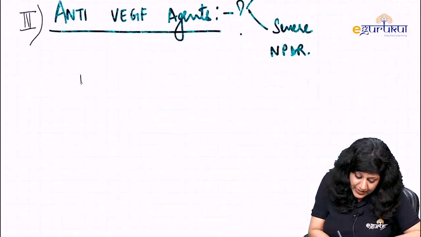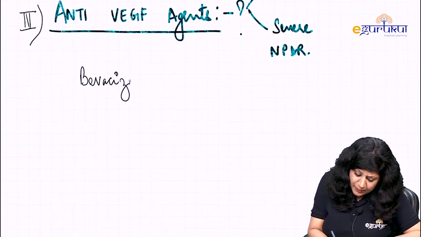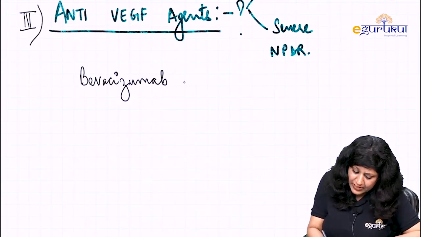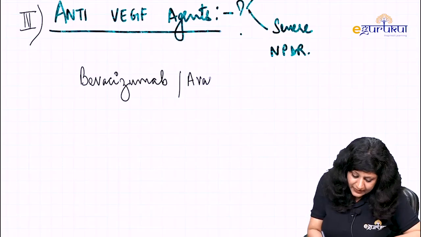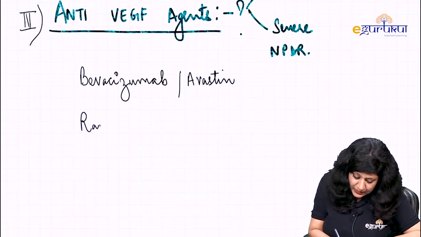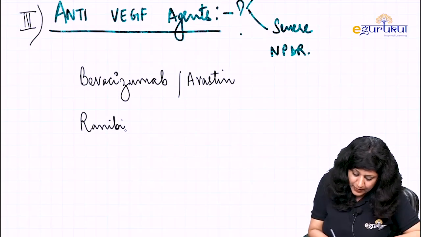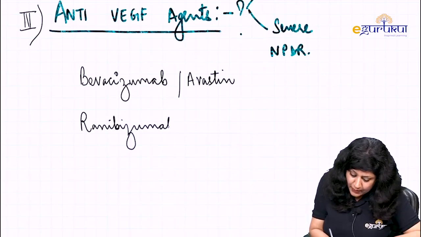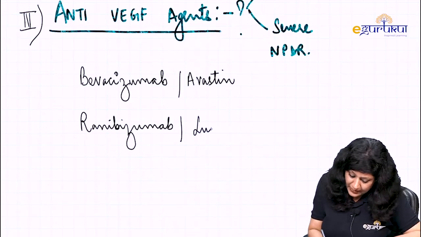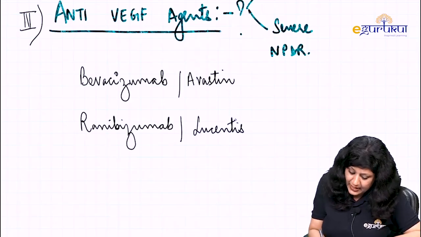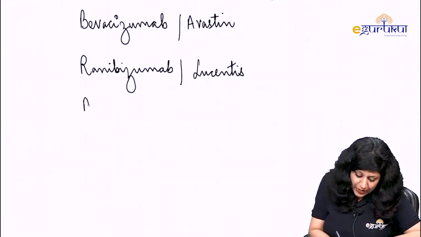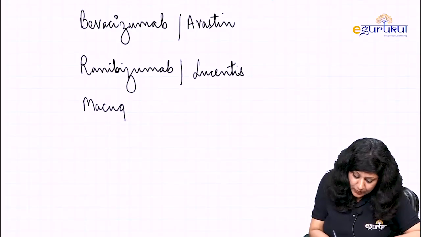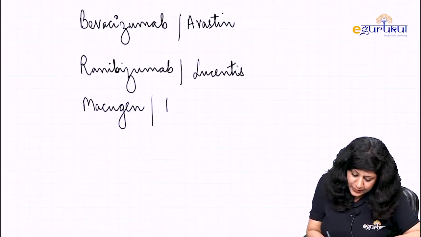We have bevacizumab, which is available by the name of Avastin, okay. Then we have ranibizumab, which is available by the name of Lucentis, and then we also have Macugen, that is pegaptanib.